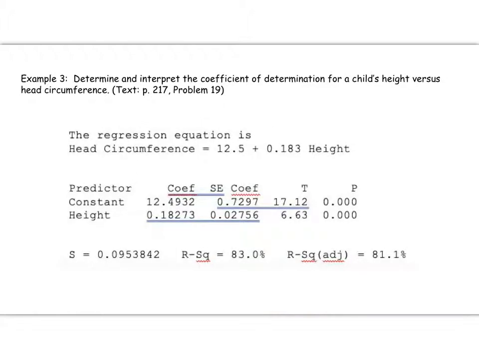All right, why don't you try this one yourself and turn this back on when you're ready to check your answer. All right, here's our R squared value.